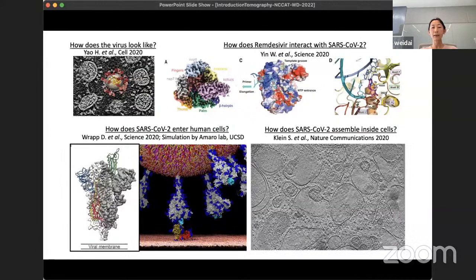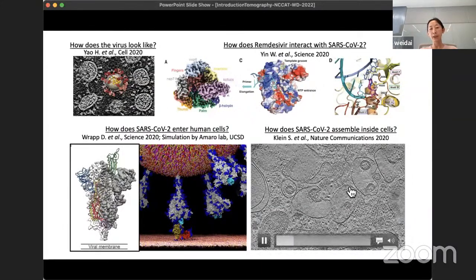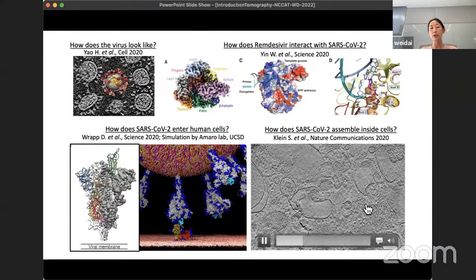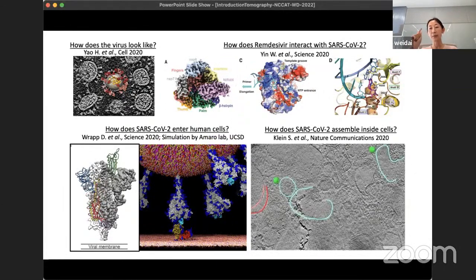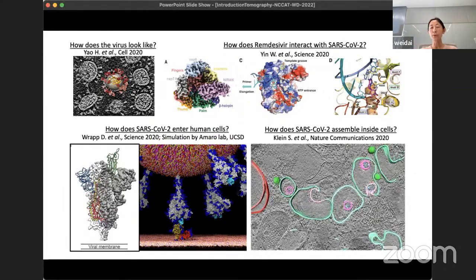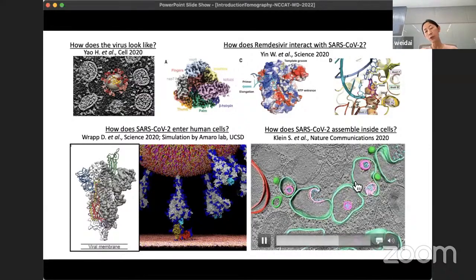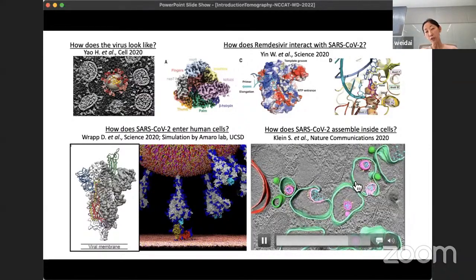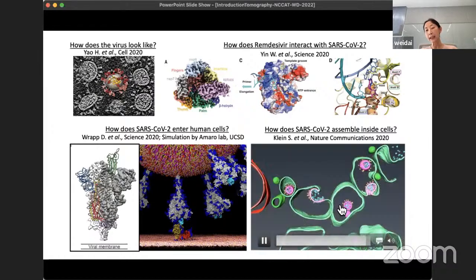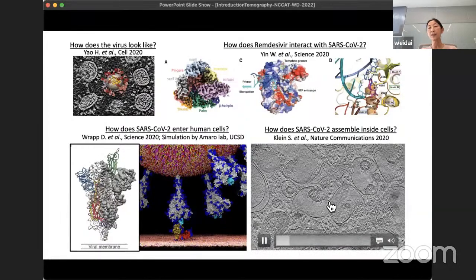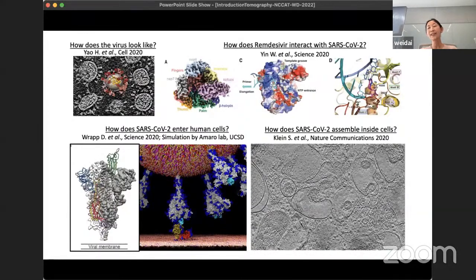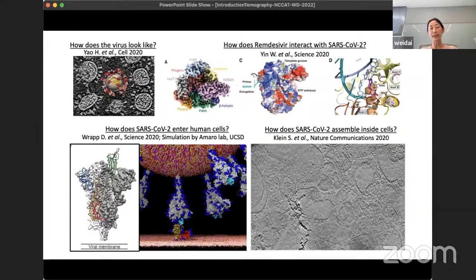So the last one, you can see this is a movie of a subregion of a cell that has been infected by viral particles. And it shows how the viral particles can hijack the endomembrane system as a dedicated site for viral assembly. So from this, you probably can tell, this is also from a tomography study.